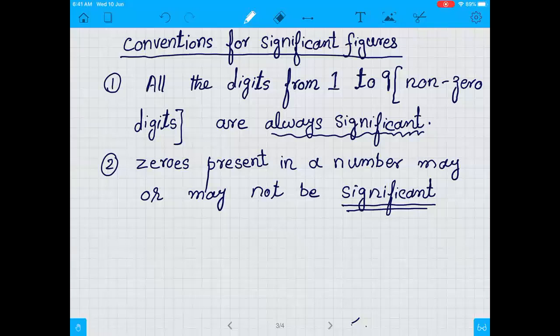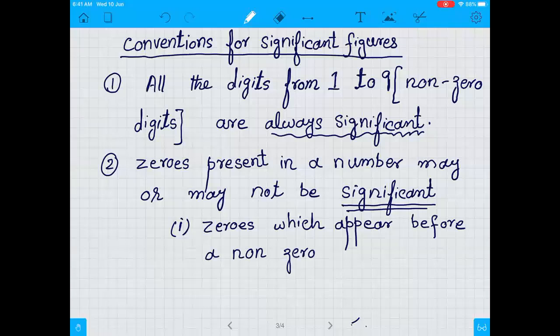Number one, zeros which appear before a non-zero digit are always insignificant.